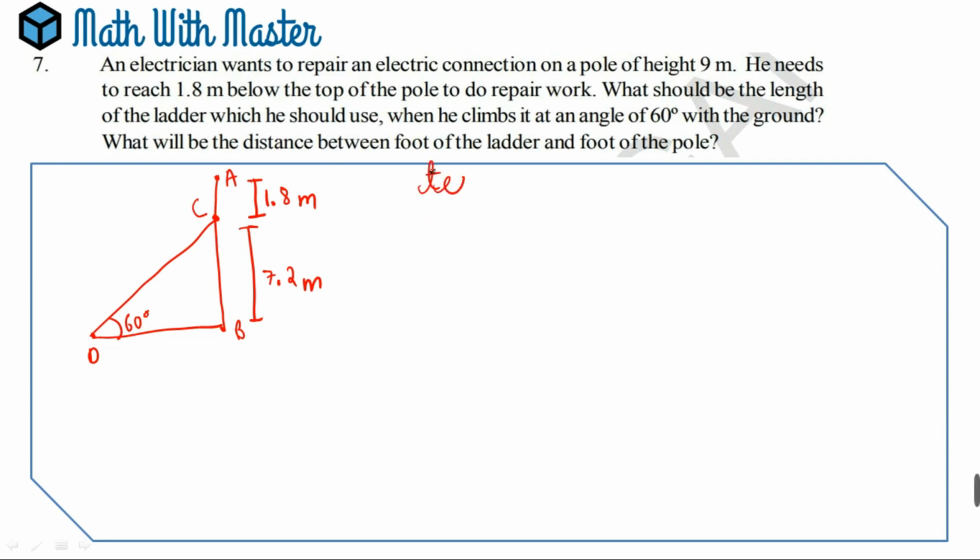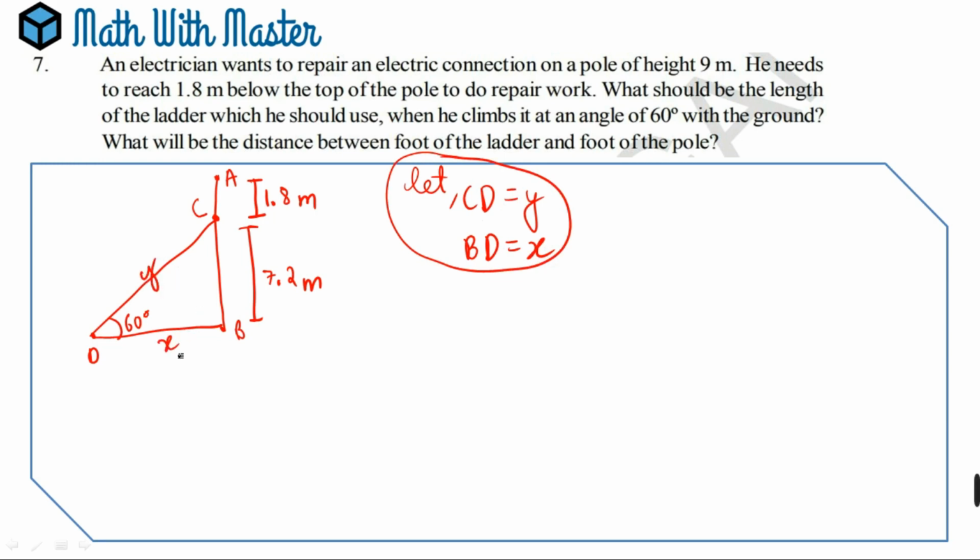So we will let CD be equal to Y and BD be equal to X. So these are the two things which we have let: CD is Y and BD is X.